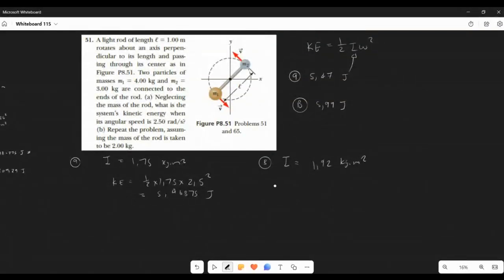We have to consider the rod now, so I'm going to call it I rod. A rod's mass moment of inertia about its center is 1/12 ml squared. You should get the balance, which is the difference between these two values, 1.92 minus 1.75. Is that clear, Ms. Charlie?